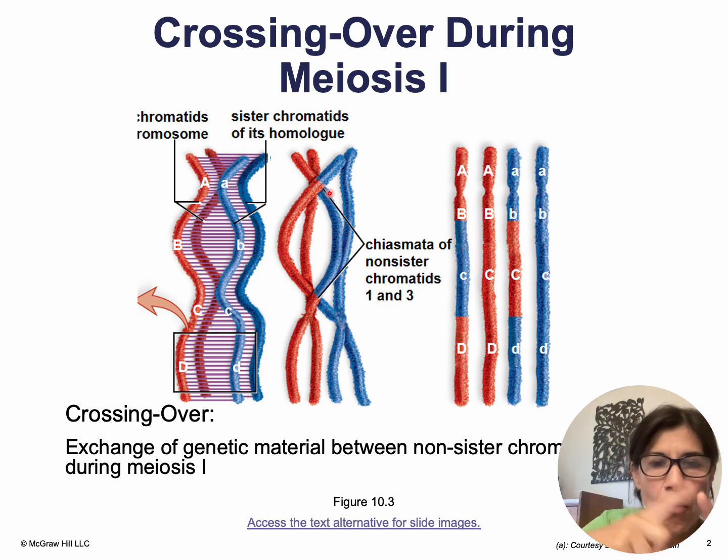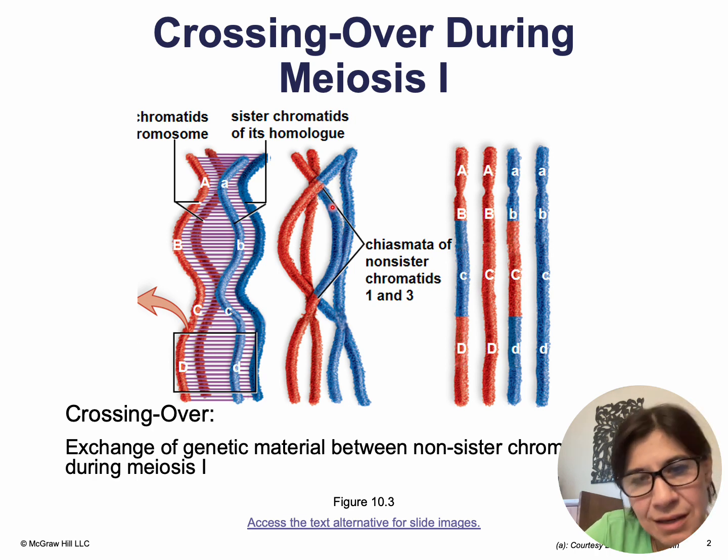These chromatids overlap with each other. The chromatid from the first chromosome is looping over a chromatid from the second duplicated chromosome. You see that the red chromatid is overlapping with the blue, and they swap pieces.